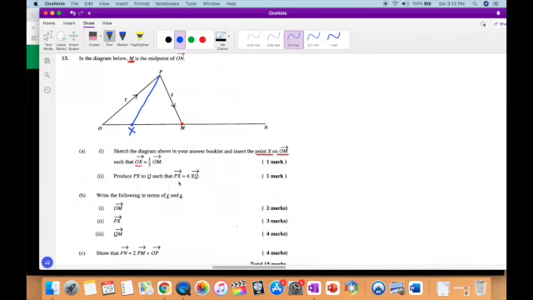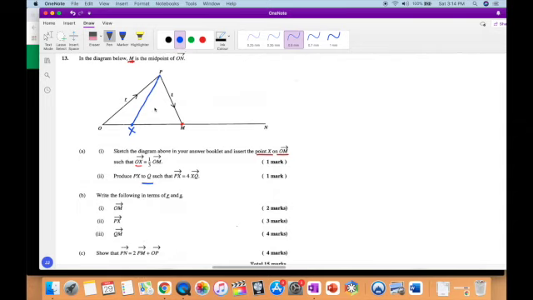But to Q, where is Q? Who is Q? Such that PX is 4 times XQ. So PX is 4 times XQ.